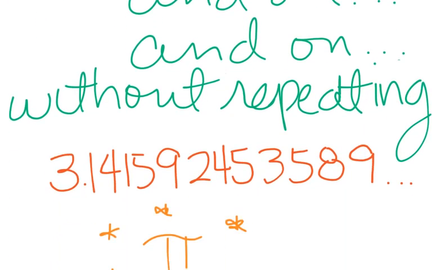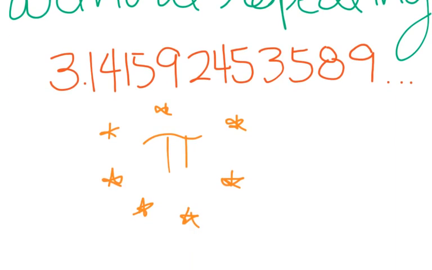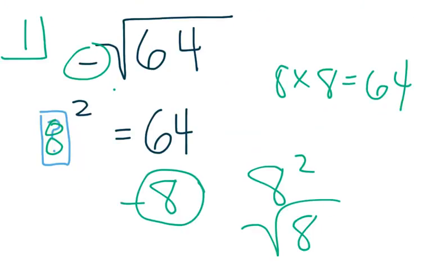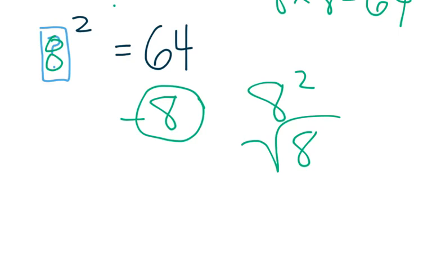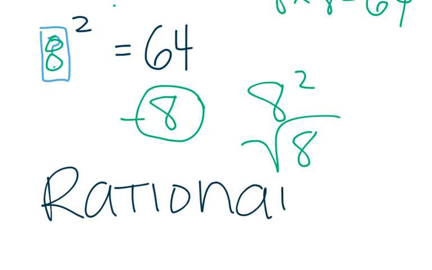So, for example, 3.141592653589, which is, by the way, pi. So anytime you see pi, anytime you see a whole bunch of numbers that have no pattern and no repetition, those are all going to be irrational. So since -8 is an integer, it is going to be rational. And that is number 1.